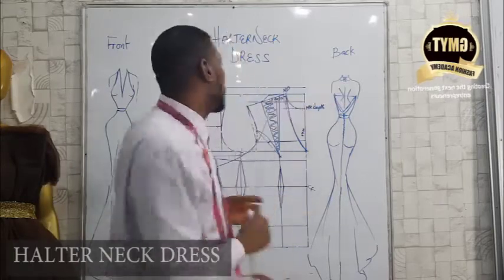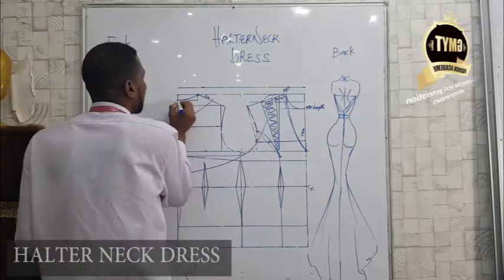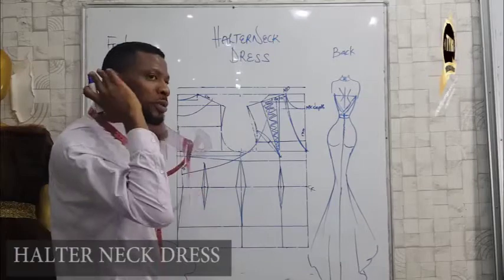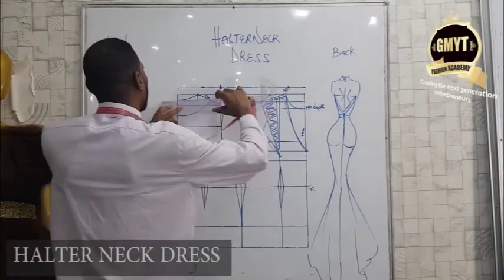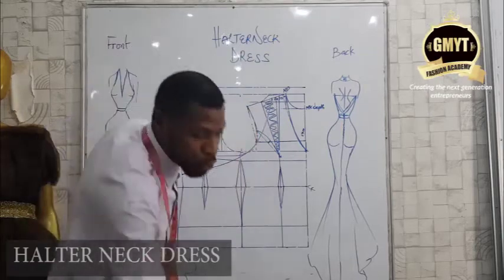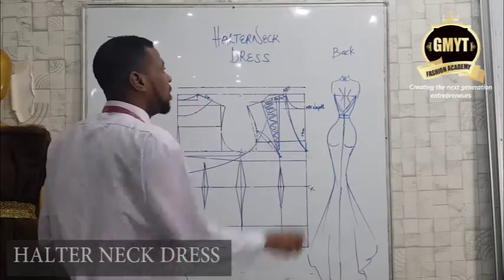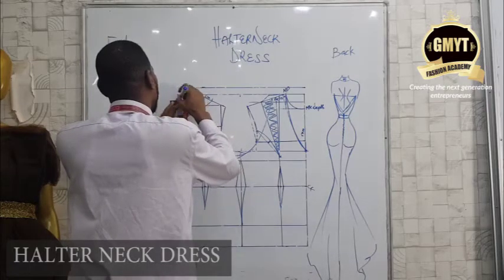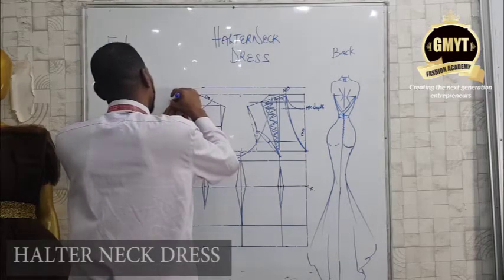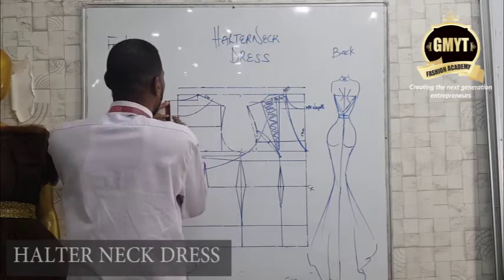So you must create a button and extend allowance for that button to rest on. So now for me, you're going to measure 3 cm out here or 2 cm for your button stand for the collar. So I'm creating 3 cm on the center back.